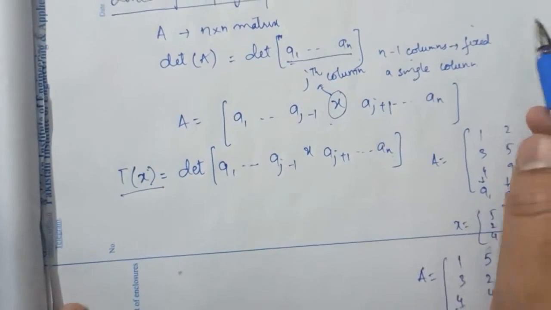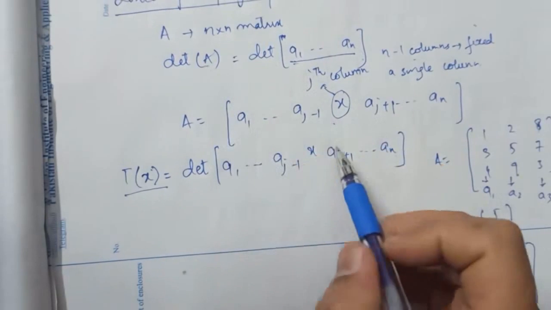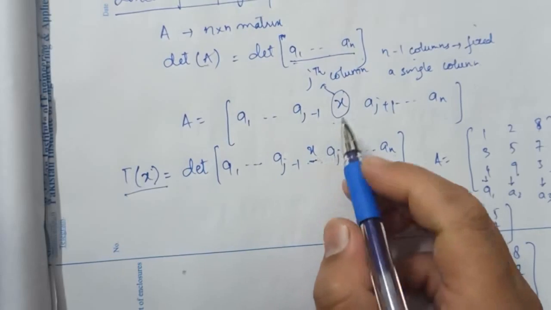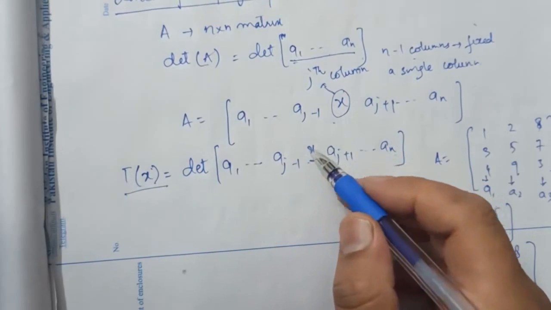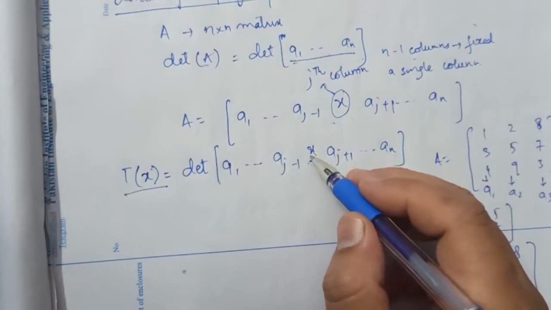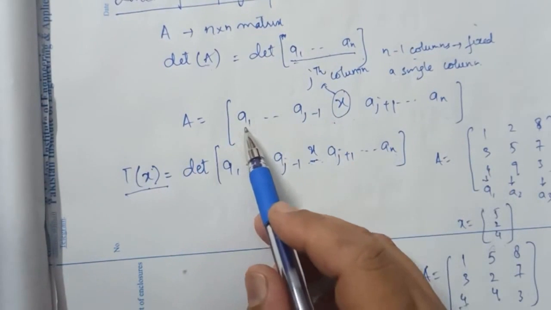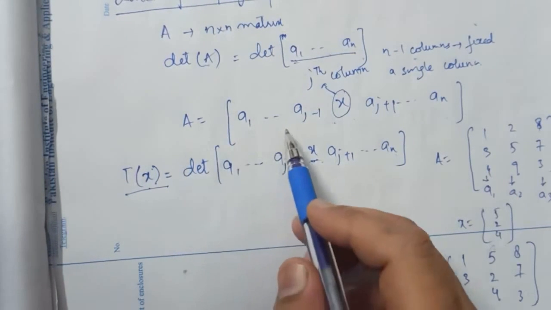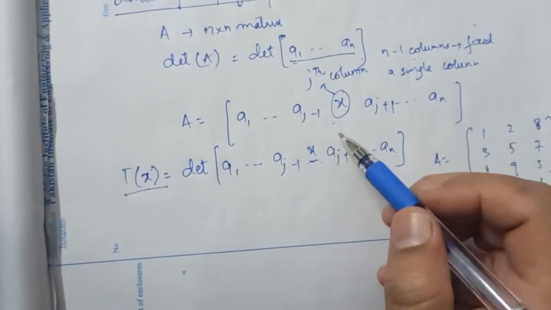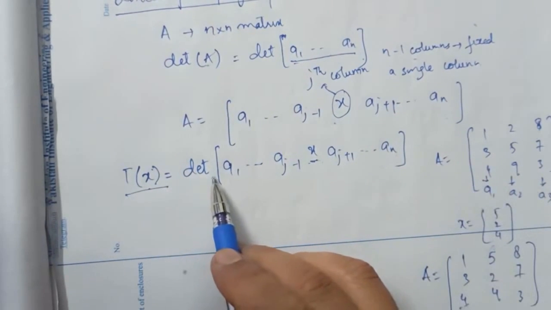All other columns remain the same; only the jth column is replaced by x. So if x takes different values, the determinant will have different values.